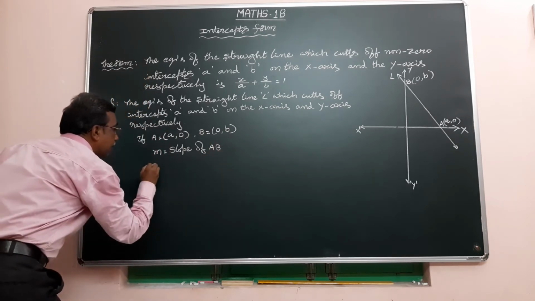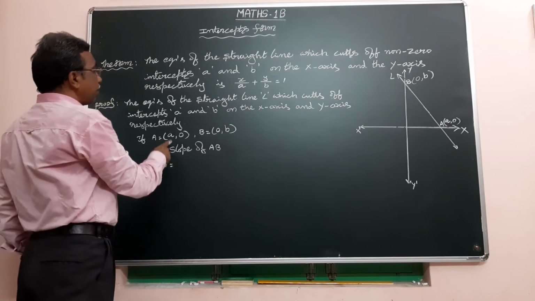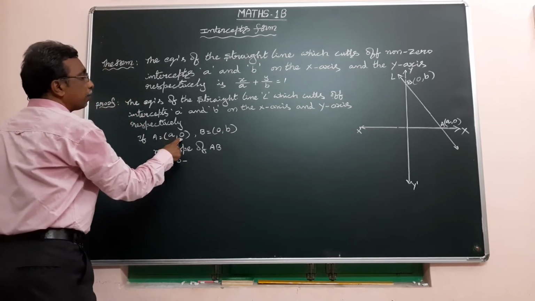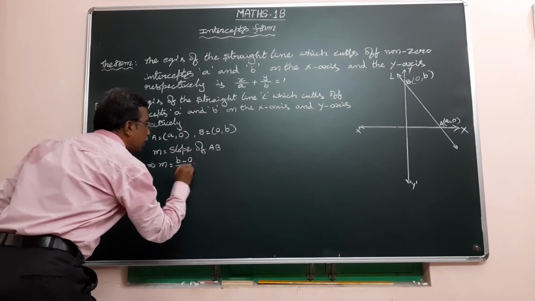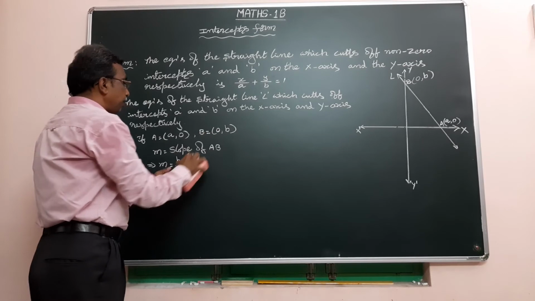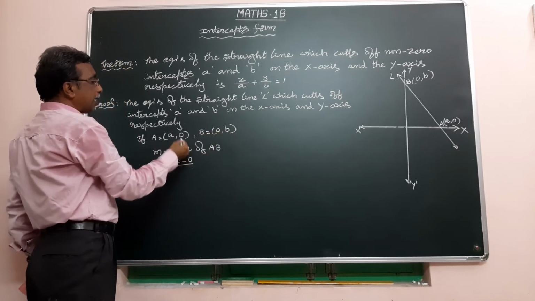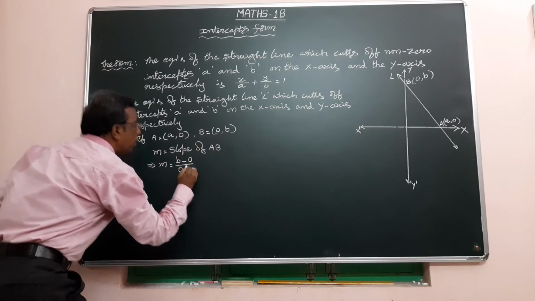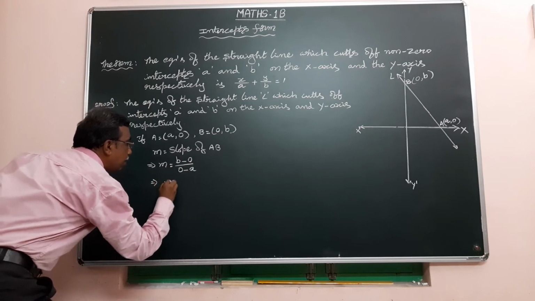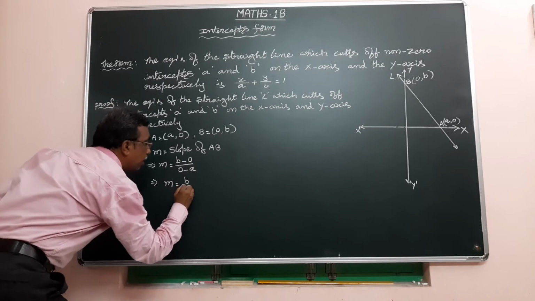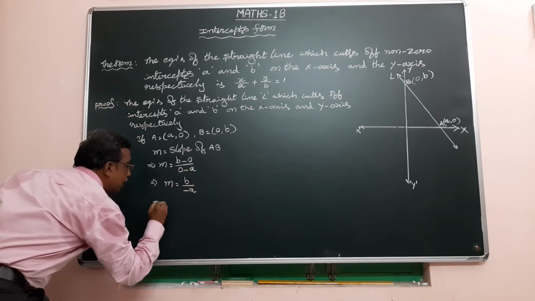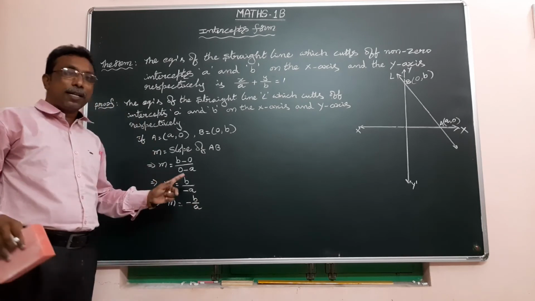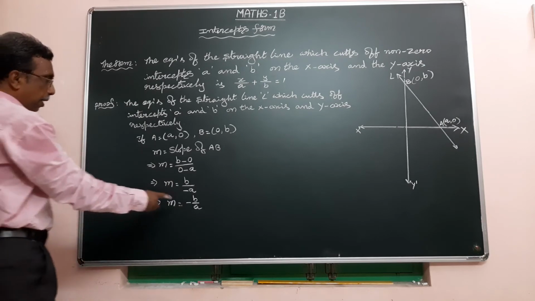That implies m equal to, now we consider x1, y1, x2, y2: B minus 0 by 0 minus A. That implies m equal to B minus 0, B by minus A, so m equal to minus B by A. The negative sign in numerator or denominator belongs to the total fraction.